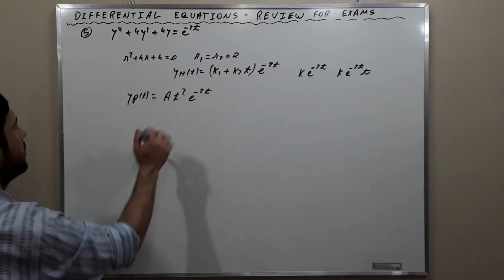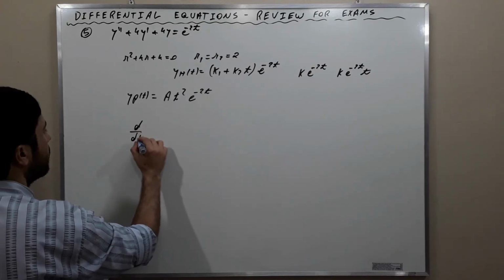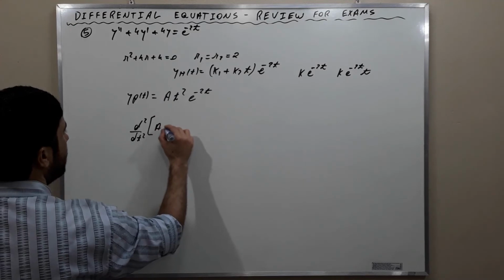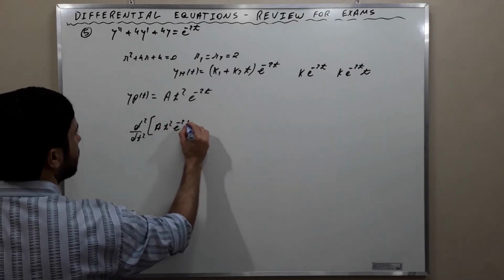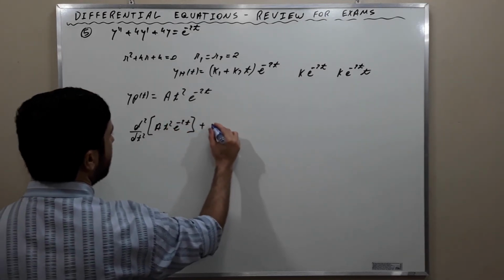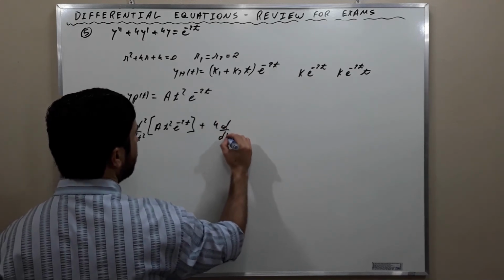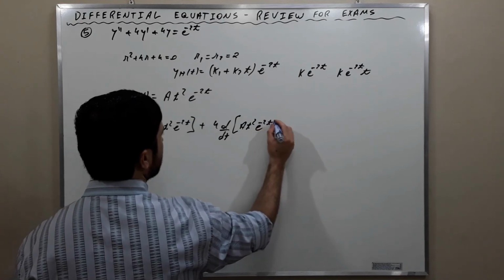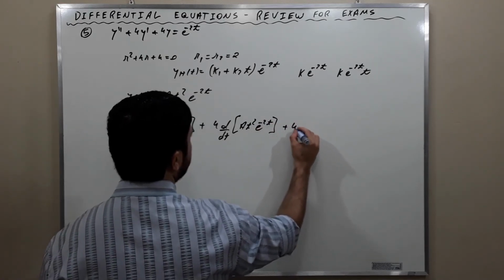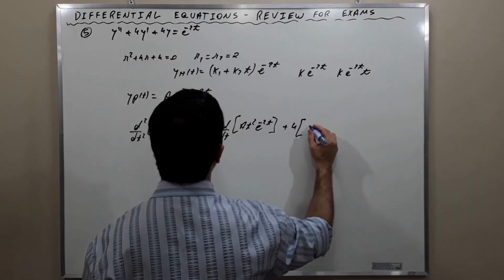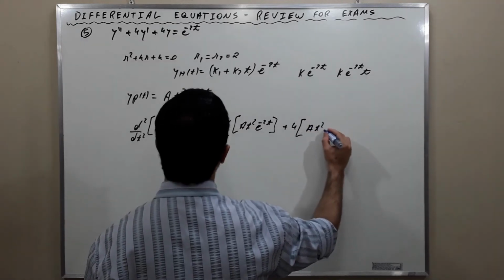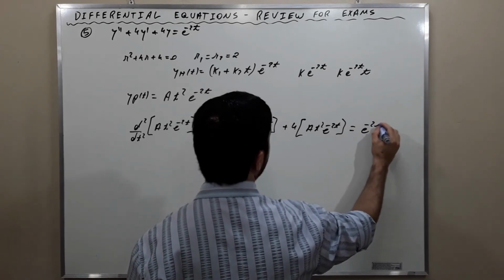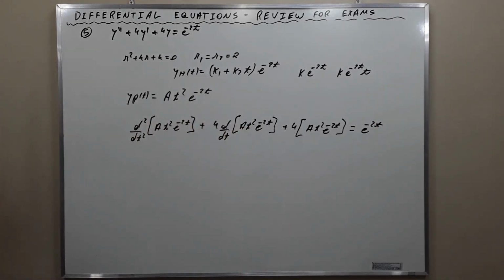And we are going to apply this: the second derivative with respect to time of at squared e to the negative 2t, plus 4 times the derivative with respect to time of at squared e to the negative 2t, plus 4 times at squared e to the negative 2t, equal to e raised to the power of negative 2t.